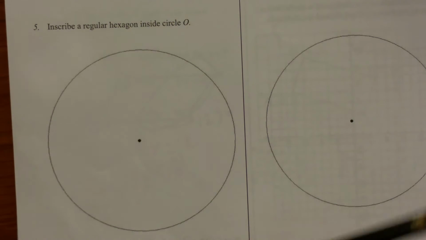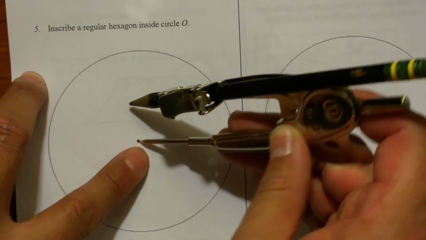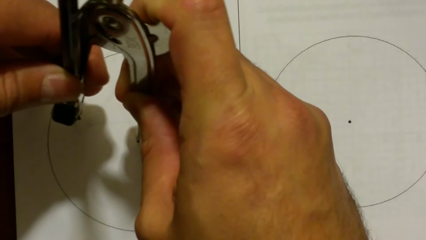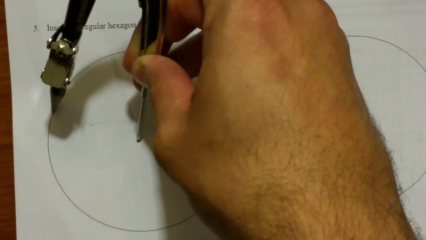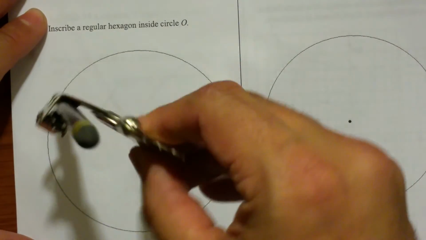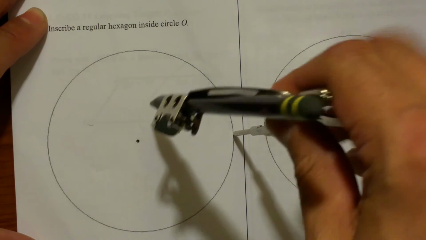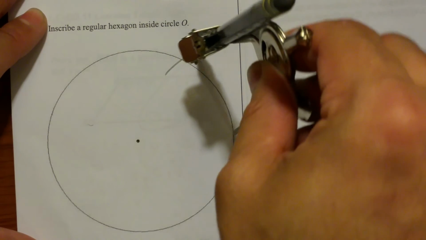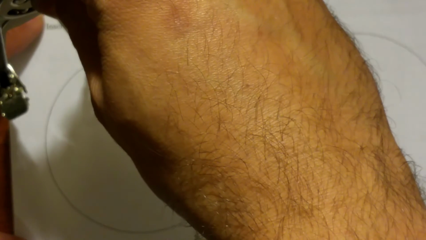So what I'm going to do is, first thing to inscribe this, I stab the center, measure out to the edge, so there's the edge of the circle there. And now that I did that, I'm going to pick any point right here. I'm going to pick a point on the edge, and I'm going to draw an arc. I'm going to move to the next one, draw the next arc.